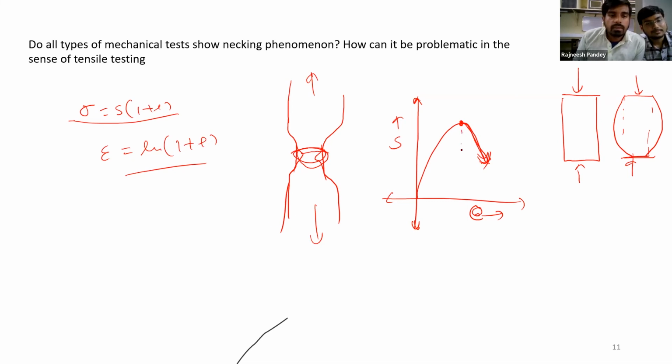Uniform deformation is only up to the UTS point. Beyond this point, you cannot apply those formulas directly, or you will be incorrect.